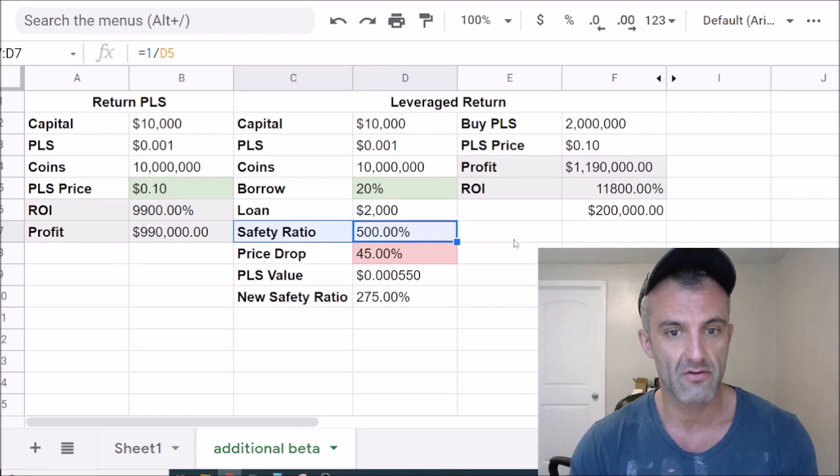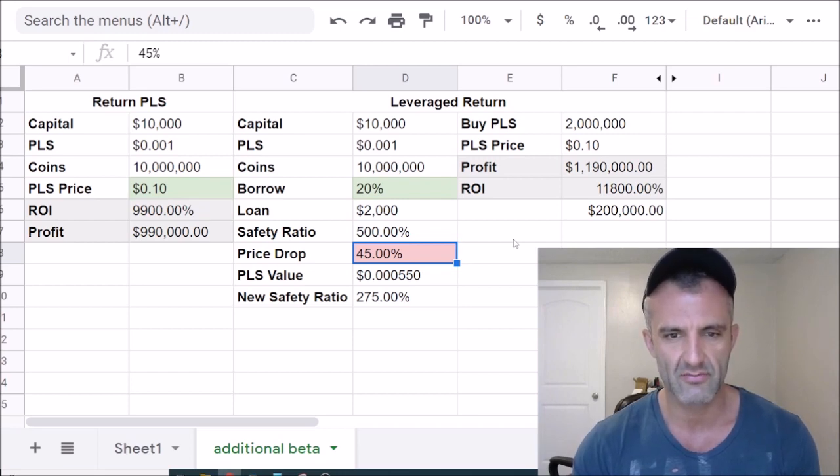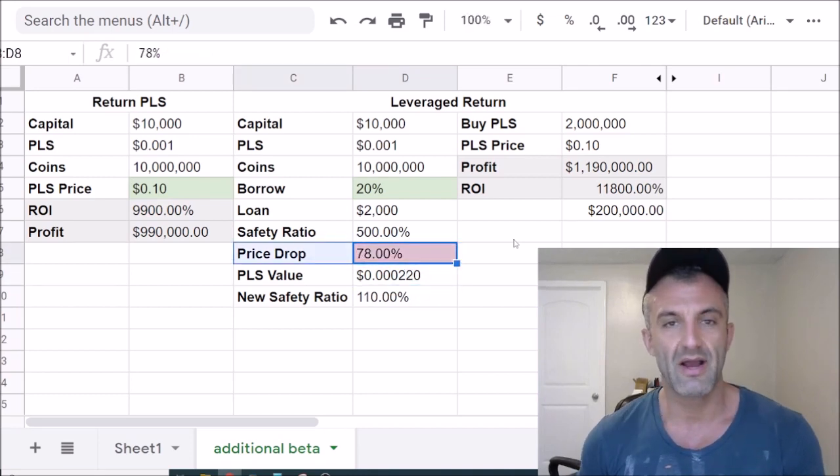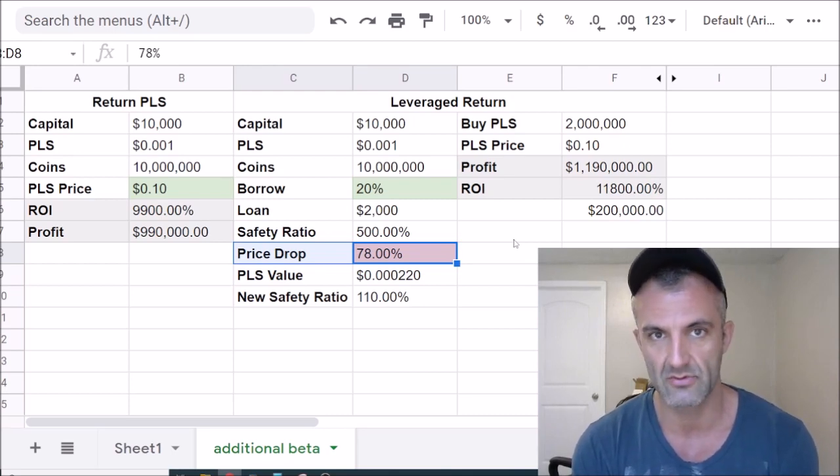That's great, that's fantastic. That means the price comes down, what is it, 65% or something? 70%, 75%, 80%. So the price has to come down by 78%, close to the price drop in Hex.